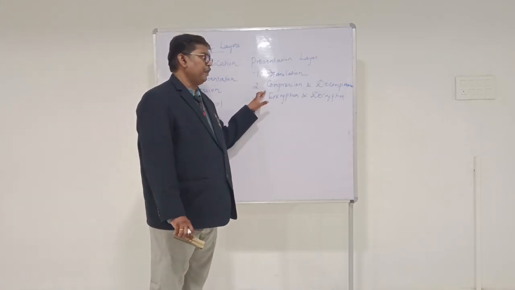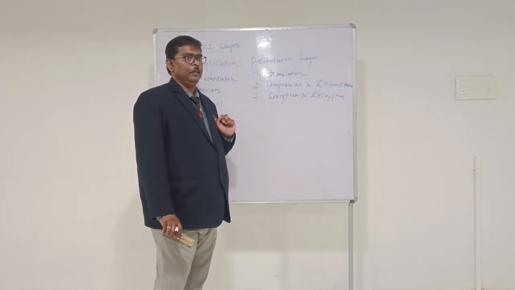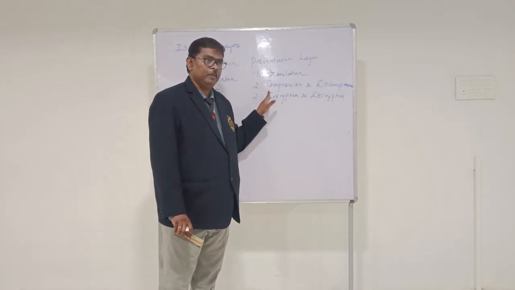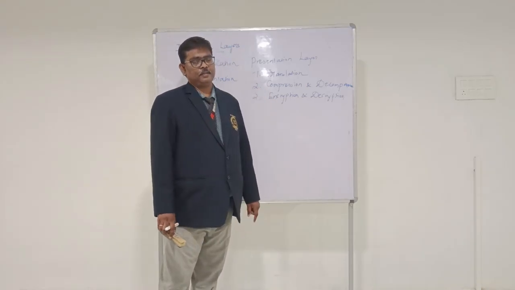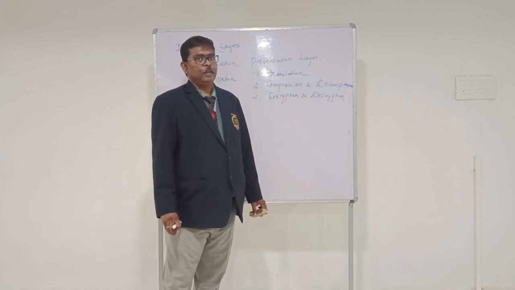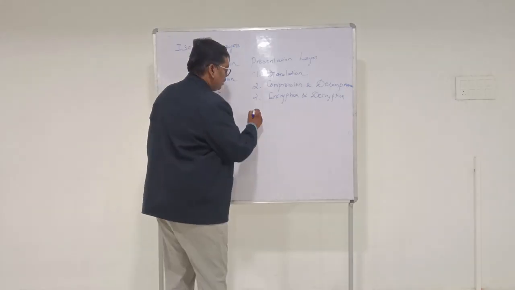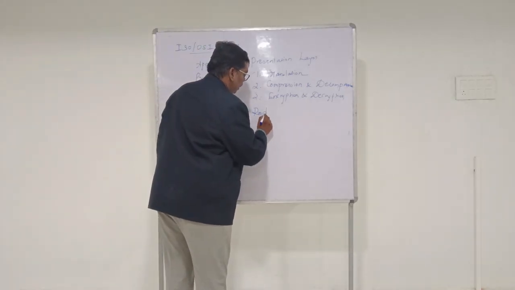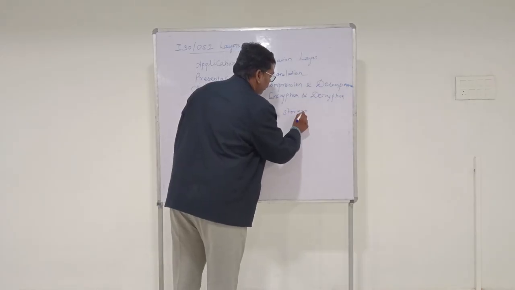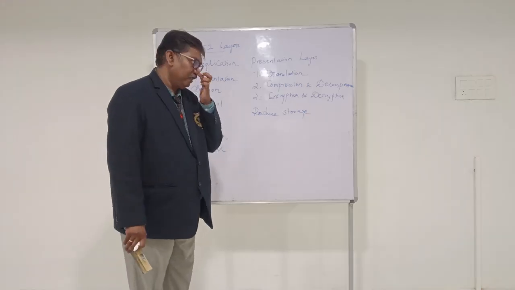The second one is compression and decompression. You know the purpose why we are doing compression on one side and decompression on the other side. The primary motive to compress things is to reduce the storage space. This is the predominant factor why we are compressing the information.